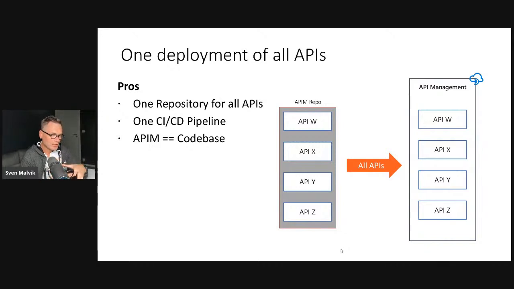When we started with Azure API Management, we had only one repository for all the APIs. So imagine you have 3 or 4 services, applications, and those applications have the backend code, but also have the Swagger file. What you had to do when we started, and many really work in this way, is they create a separate repository for all the APIs, which then are uploaded to Azure API Management.